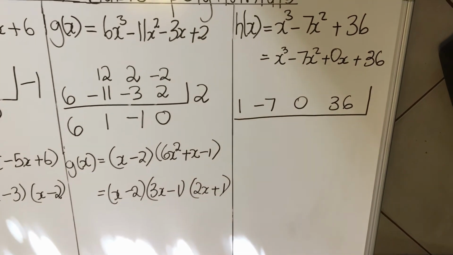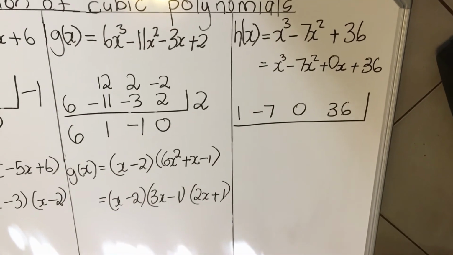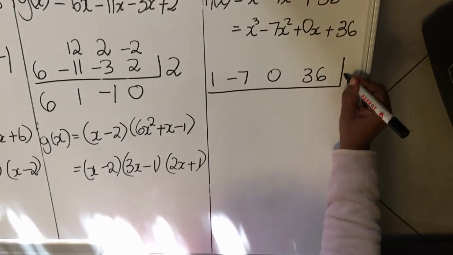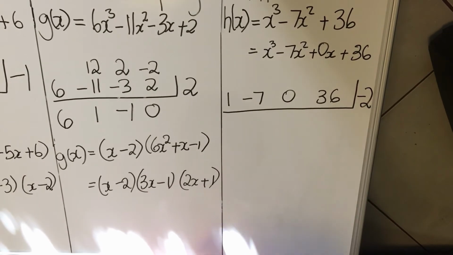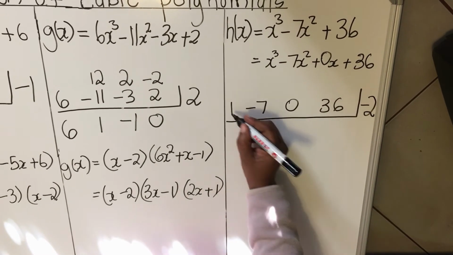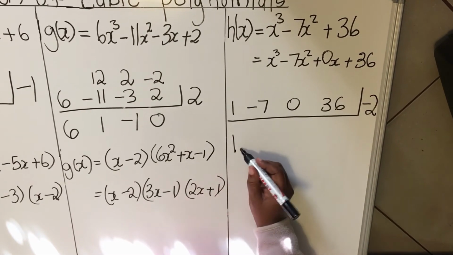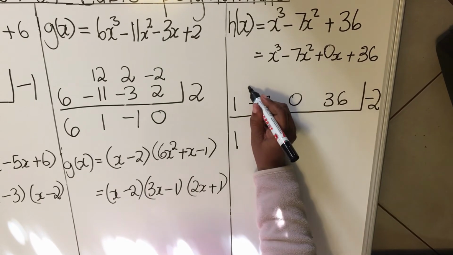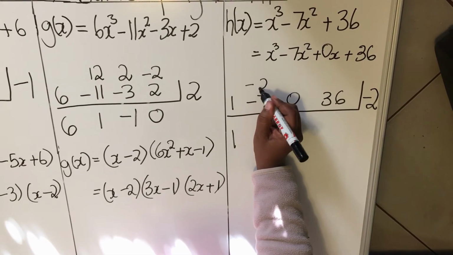Then I take my calculator and find the factor using the factor theorem. I find that it's 2. Drop the first one, 1. 1 times 2, I get 2.